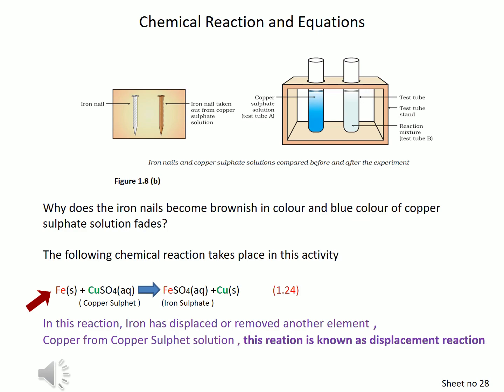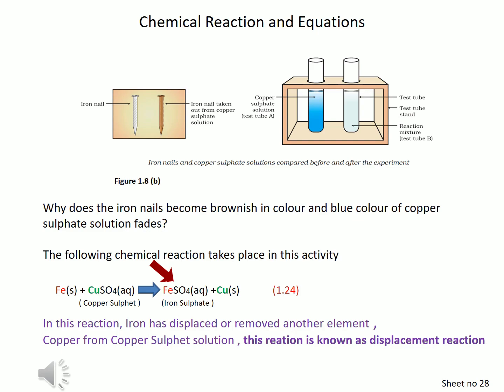This reaction is known as a displacement reaction. At the left side there is only one Fe. After interaction this Fe gets associated with SO4, so it becomes FeSO4. And in CuSO4, highlighted with Cu in green, Cu was earlier associated with SO4.